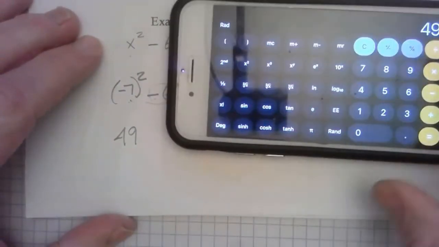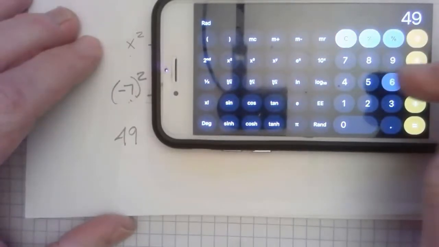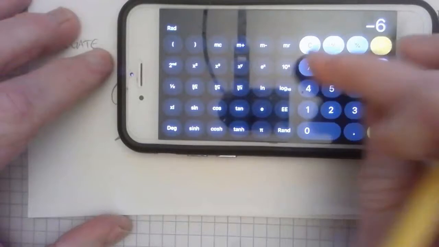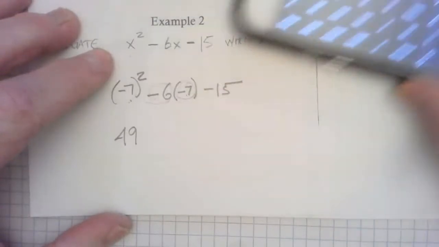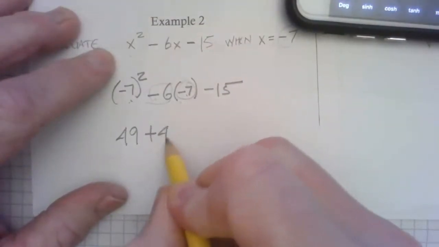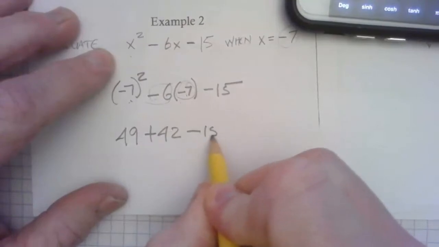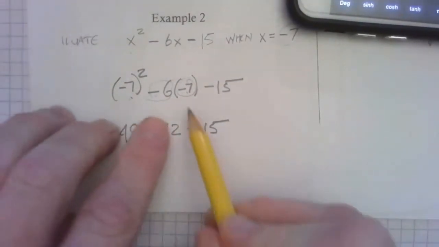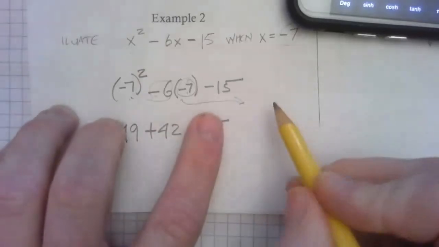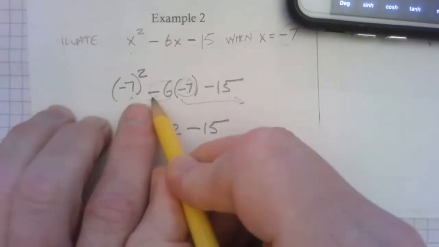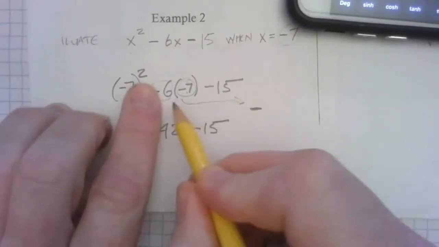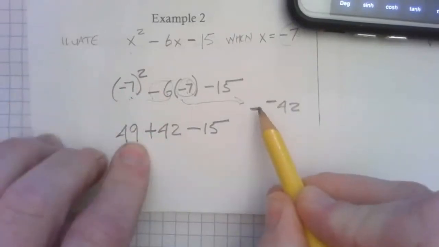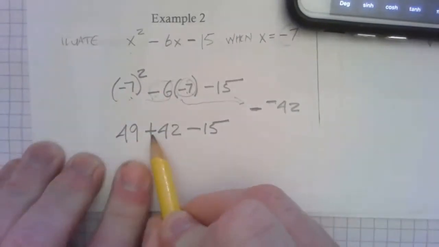If I do that, so negative 6 times negative 7, it's positive, so plus 42. And then still have the minus 15 there. Like I said, the other option here, just in case, would be to leave this as a minus sign, multiply these two, which would be a negative 42, and then realize that minusing a negative is just an addition.